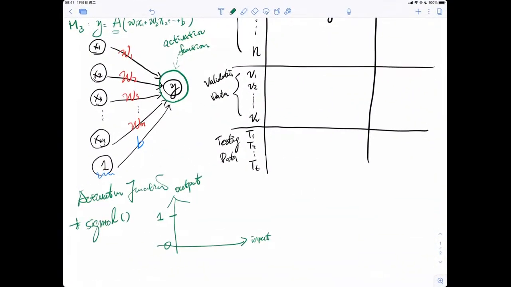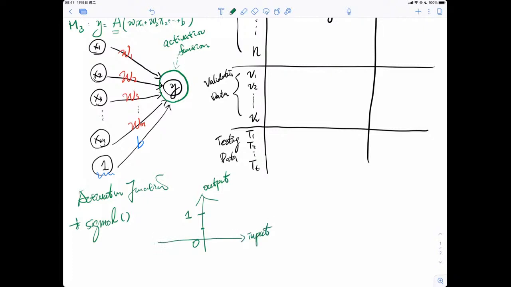Maybe I can draw it in this way, which is more clear. It should look like this. This shape will pass 0.5 right here. Sorry, I draw it again.